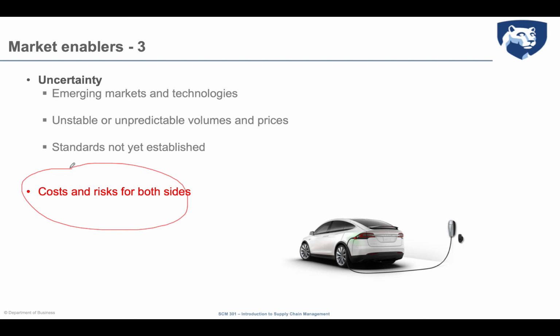Of course, the higher the uncertainty of the relationship, the higher the probability that the buyer and the supplier won't decide to enter this type of business partnership, because if we don't know if we will still need each other tomorrow, there will be less willingness from the parties to invest and enter the relationship today.